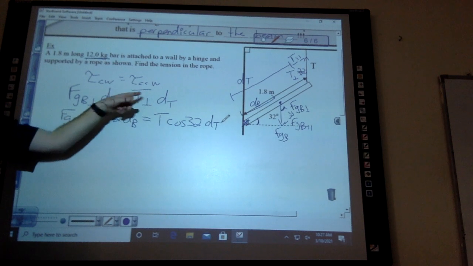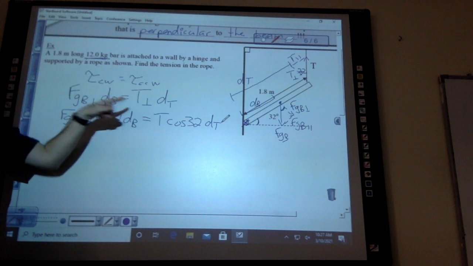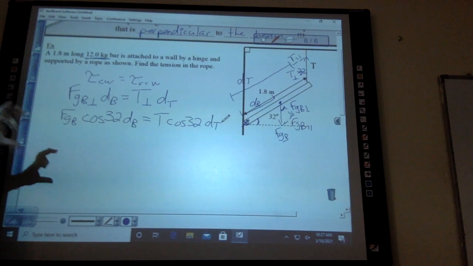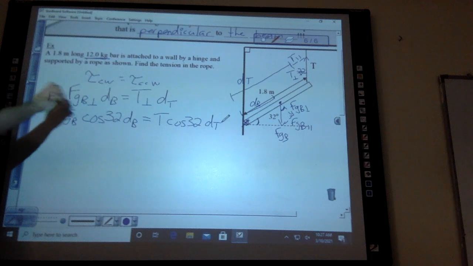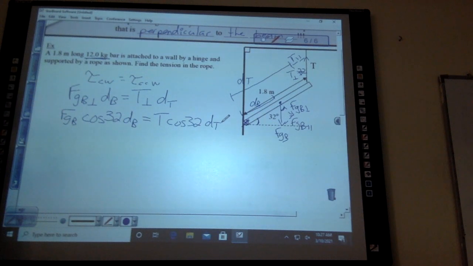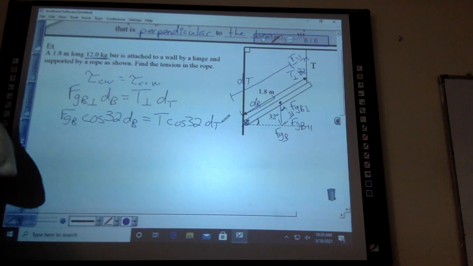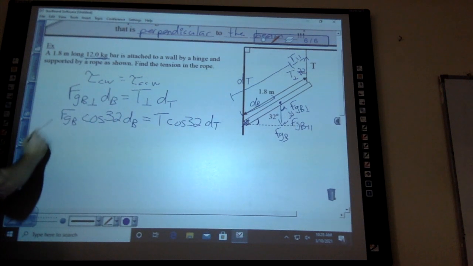You can solve for T perpendicular first and then calculate it. You could calculate F_GB perpendicular by itself somewhere and just put in a number at this point. That's totally fine. Like if you don't like seeing a huge ugly equation, chunk it and just do step by step. And that's totally fine. I'm more of a plug it all in the calculator at the same time kind of guy.